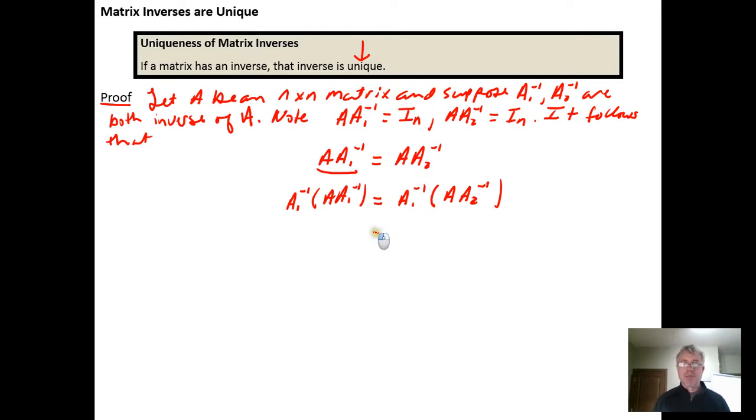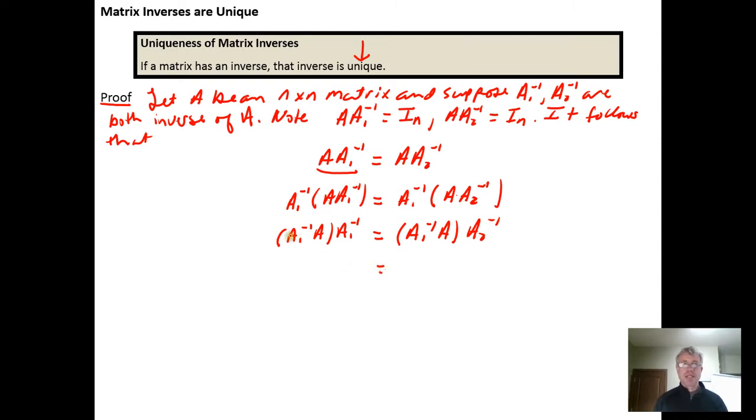And then we want to remember from properties of matrices under multiplication and addition that matrix multiplication is associative. So we can regroup the left hand side as A sub 1 inverse times the A times A sub 1 inverse, and we can regroup these two terms using the associative property of multiplication for matrices. We regroup this.